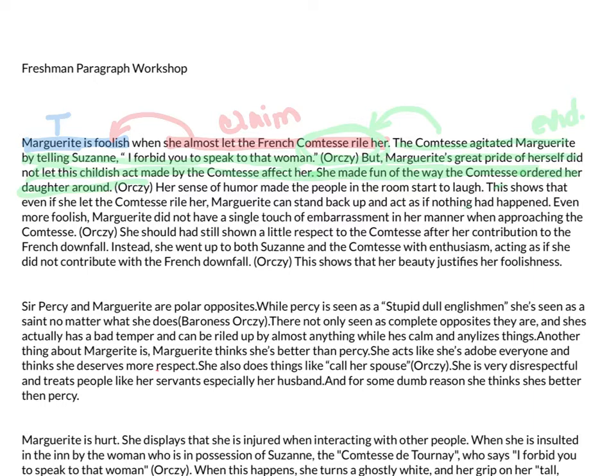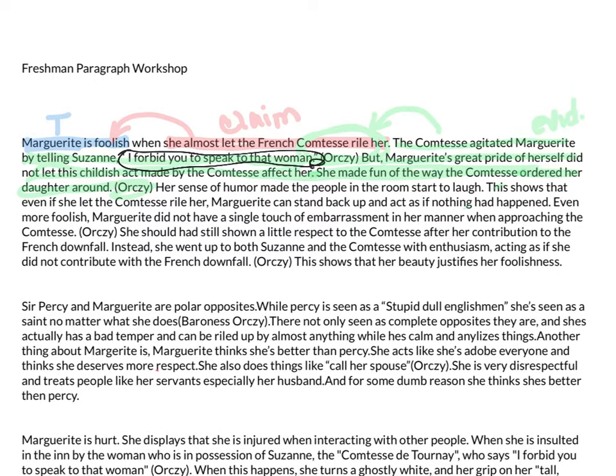So I'm not sure that I'm actually supporting the claim. But let's keep going. Next question. Do I have correctly embedded evidence? Yeah, I actually don't, because what we have here is a full sentence. That's not embedding.